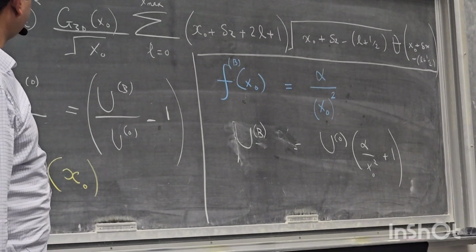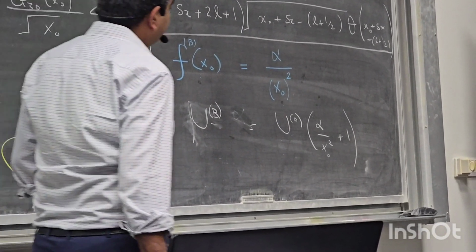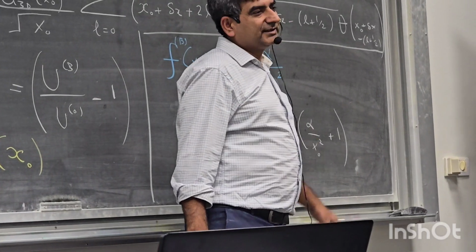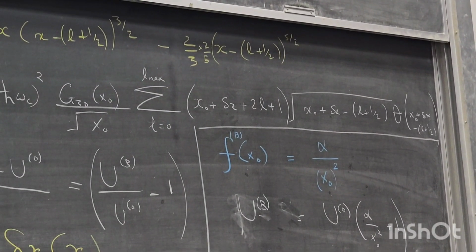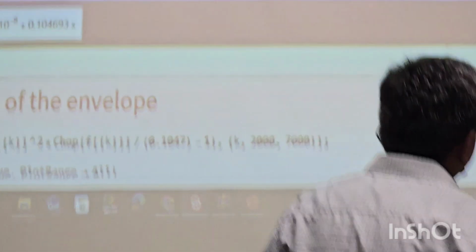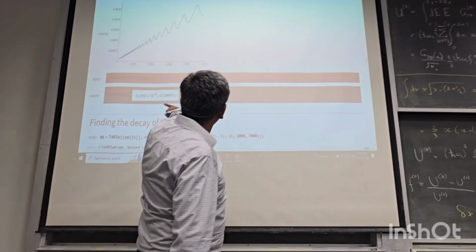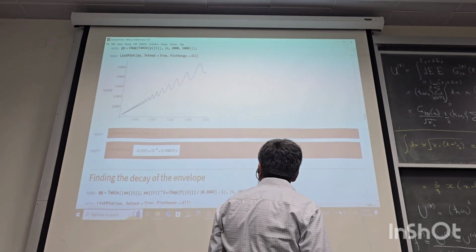Right, so this UB over U naught minus 1 is alpha over x naught squared, but this is incomplete because this has not yet captured the oscillations. So now I want to worry about the oscillation as well, because this is just a map of the monotonic decaying function. Got it?